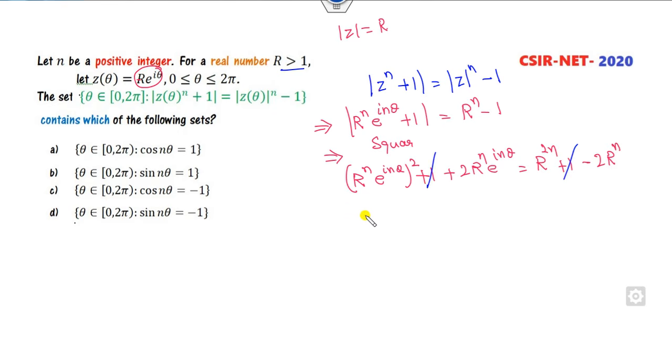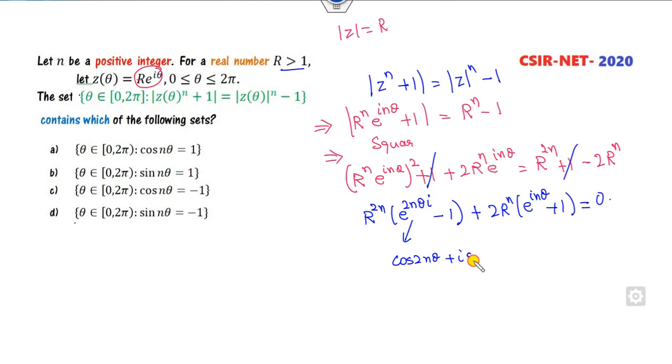What will happen? It is r raised to power 2n e raised to power 2n theta of this, minus 1 is common, plus 2r of n e raised to power iota n plus 1 is here. Now r raised to power n is cancelled, so you can write this component as cos 2n theta plus iota sin 2n theta.